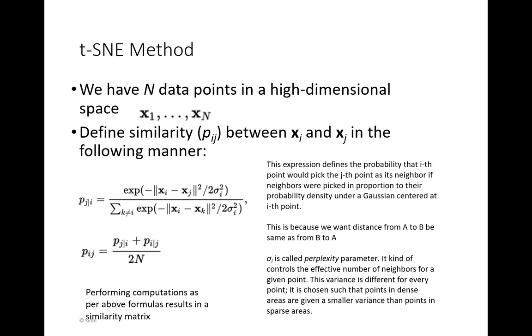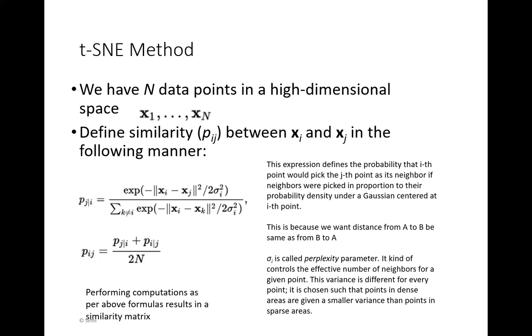So let us define the similarity of j to i. That will be represented as P of j given i, and we define that similarity through the expression that you see here: e to the power minus something, divided by the sum of all the e to the powers over all the indices.